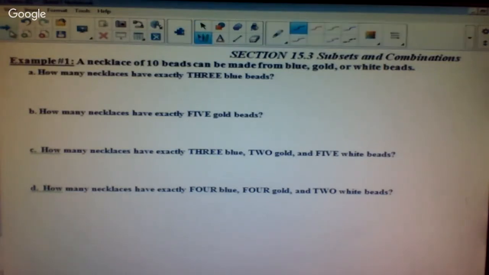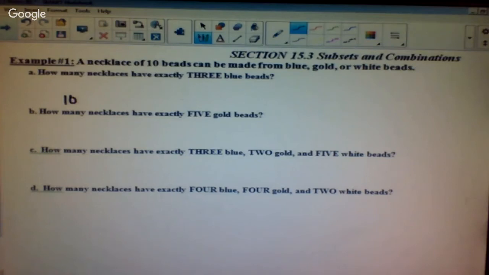Okay. A necklace of 10 beads can be made from blue, gold, and white beads. How many necklaces have exactly 3 blue beads? Okay, this is just like the ones that we just did with the spaces. So here, I've got 10 beads. I need 3 of them to be exact.